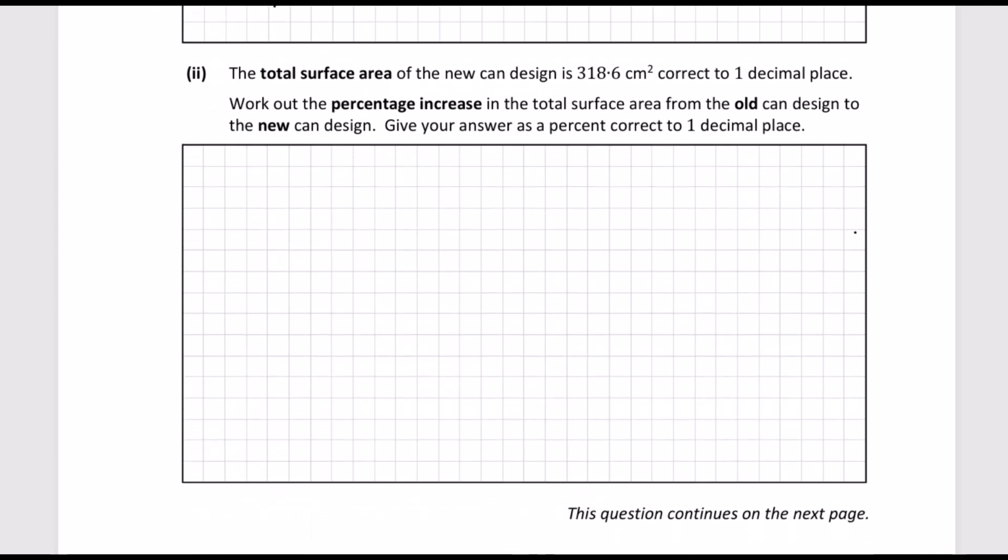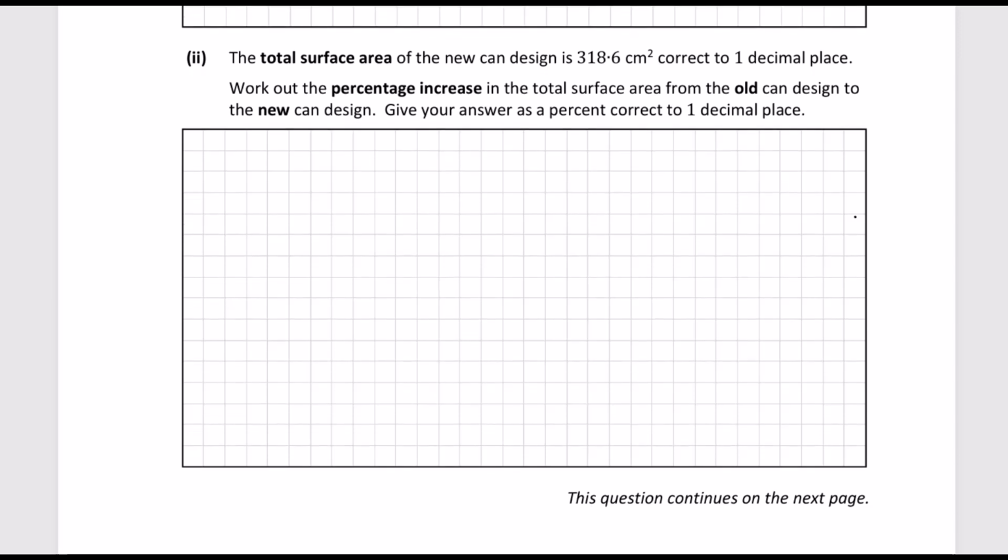The total surface area of the new can design is 318.6 centimeters squared, correct to one decimal place. Work out the percentage increase in the total surface area from the old can design to the new can design. Give your answer as a percent correct to one decimal place. Okay, so this is kind of a long-winded question. We're going to look at the total surface area of the old can first.